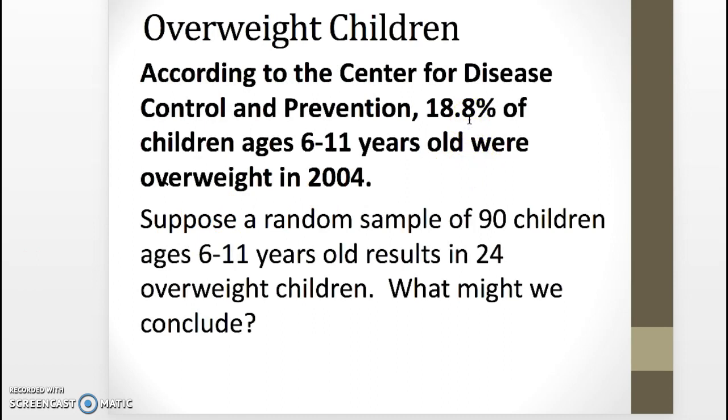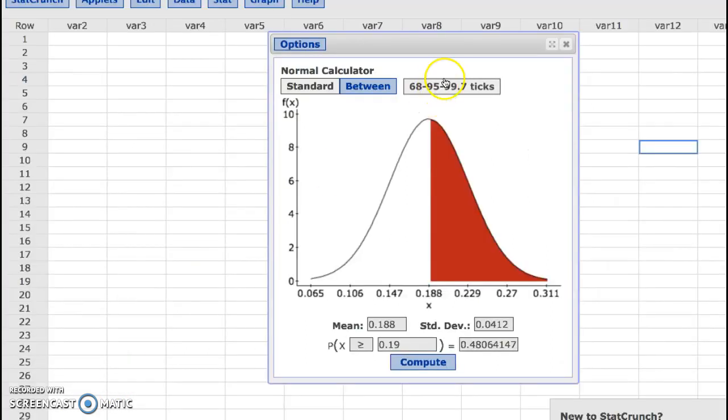So our standard deviation was approximately 4%. Meaning when I looked at StatCrunch, just to put those tick marks back up here, 27% is 2 standard deviations above. So the 26%, approximately 27%, is right at 2 standard deviations above. In other words, you're pretty far out in the tail to see that percentage.